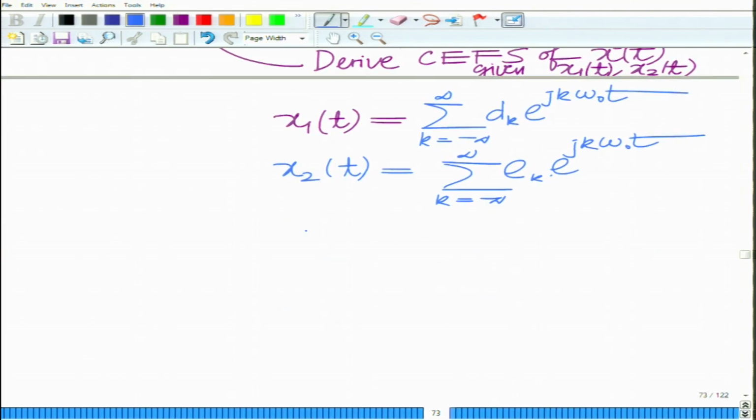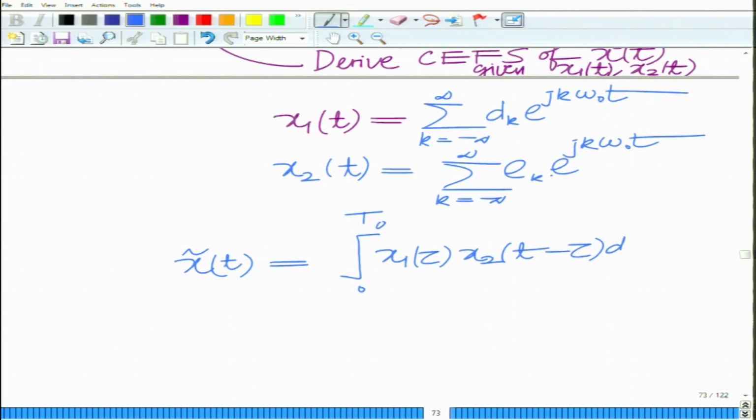Then remember x tilde t is simply the periodic convolution, which is the integral over one period, 0 to T naught, of x1 tau x2 t minus tau d tau.